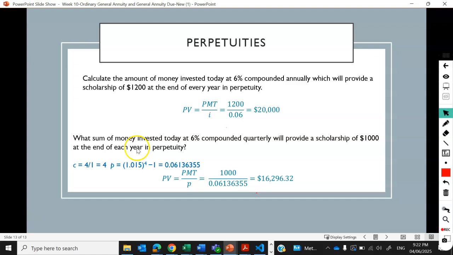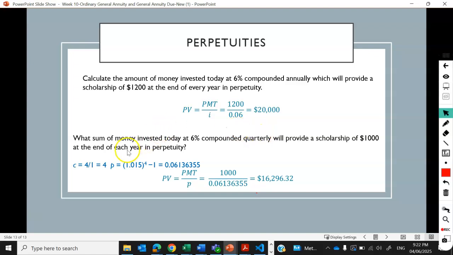Same way, what sum of money invested today at 6% compounded quarterly will provide a scholarship of $1,000 at the end of each year in perpetuity. Here the scholarship is $1,000 PMT and 6% is compounded quarterly, whereas the payments are done every year. These two are different, so it's a general annuity. General annuity means you need to find C. C is the interest compounding period, which is 4, divided by the payment period, which is 1.